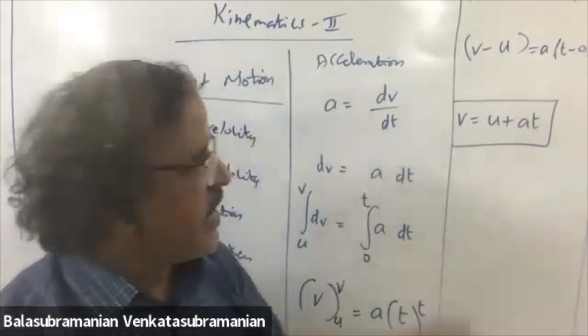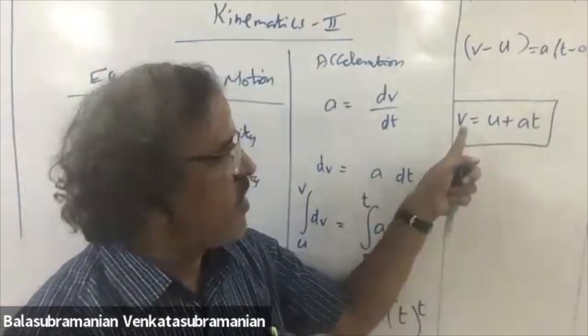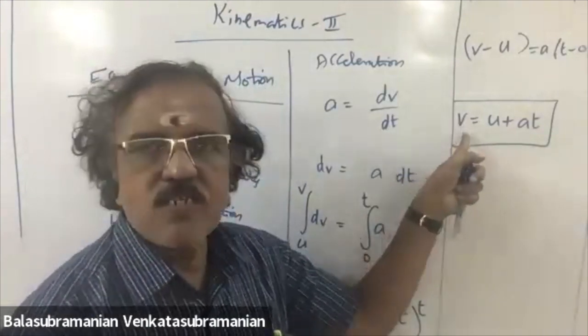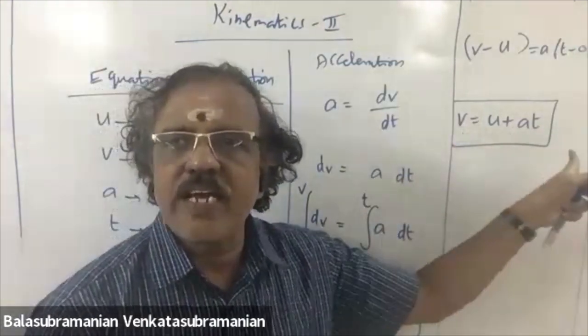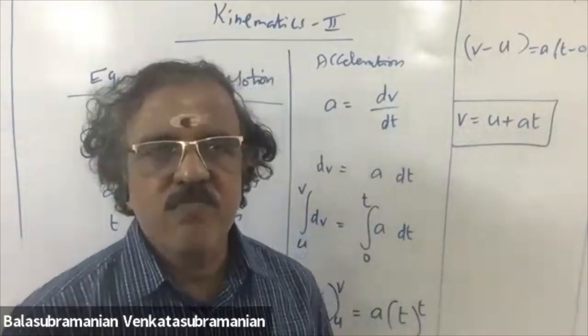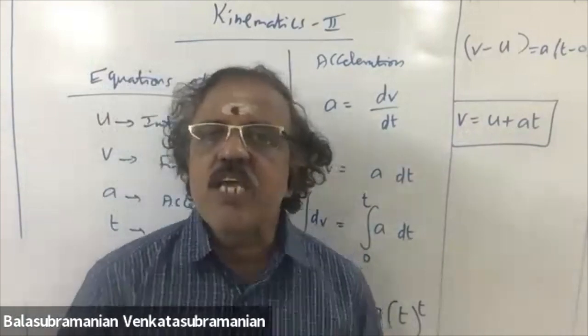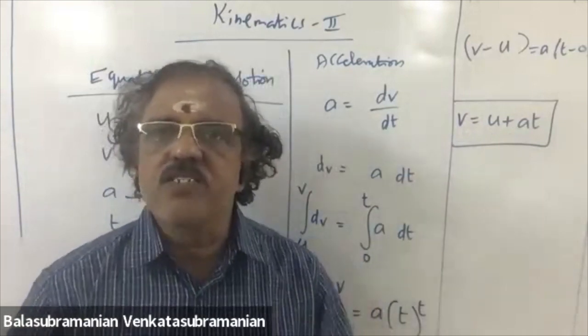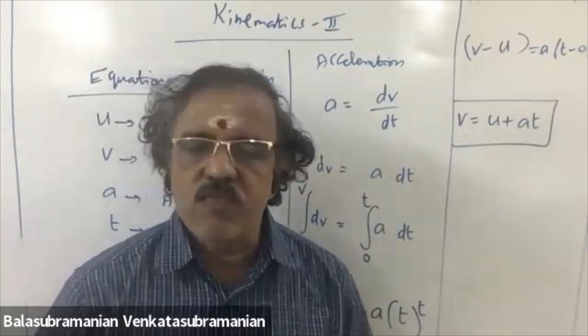Second one, here there is no displacement. Initial velocity u, final velocity v, acceleration a, time t is related. Second equation of motion, s is equal to ut plus half at square. That equation we are going to derive.